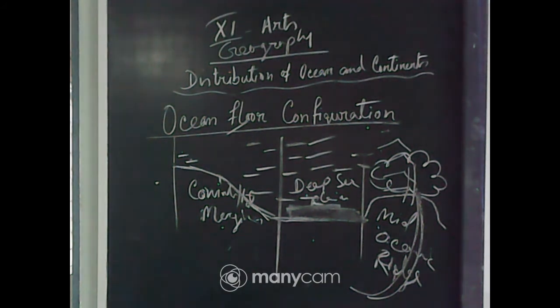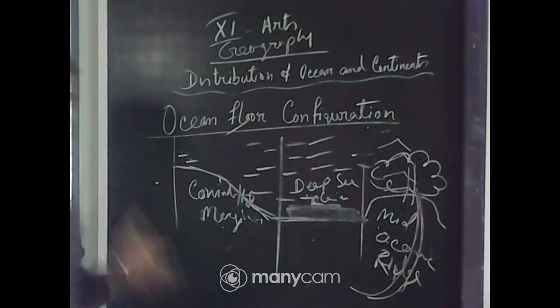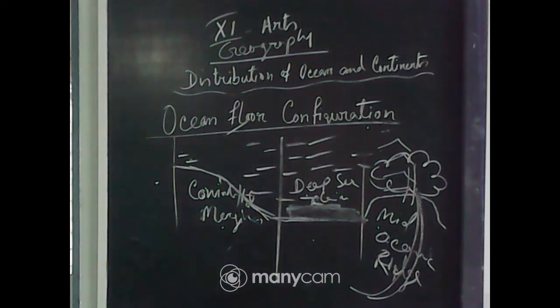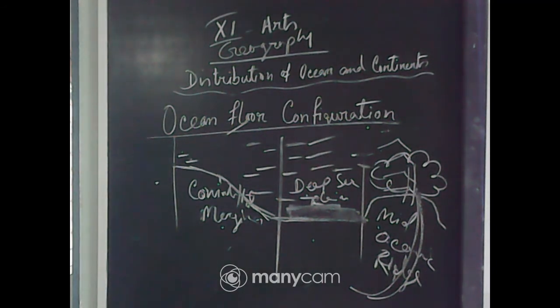At that time I told you that the mid-oceanic ridge is the central part of the ocean, and in it some volcanic eruption also occurs. This volcano occurs in the oceanic areas. There is a system of mid-oceanic ridge more than 70,000 km long, stretching through all the ocean basins. The central portion of this ridge experiences frequent eruption. We shall be discussing it in detail in the next chapter.